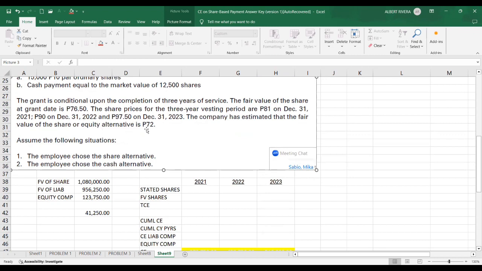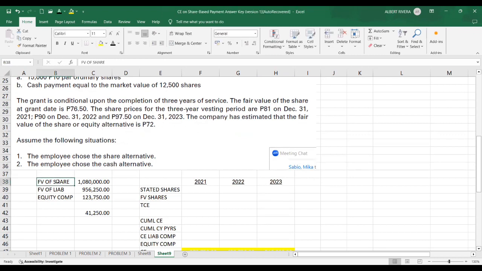Ito yon. So, yan ang simula mo. The fair value of the shares, and this is the fair value of the shares or the equity alternative. No? So, yan ang simula mo lagi. Okay? The fair value of the share or the equity alternative.